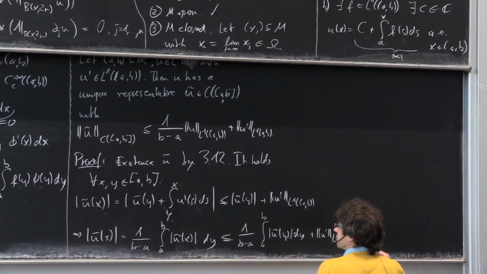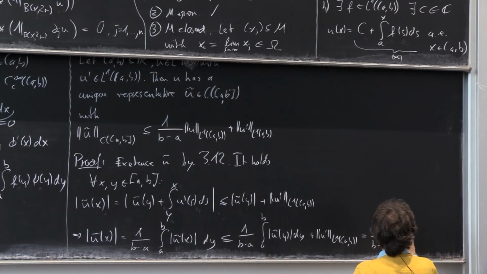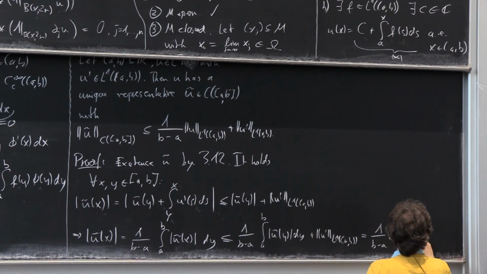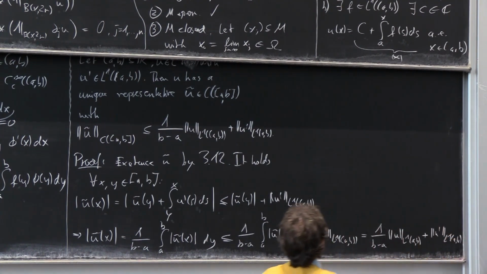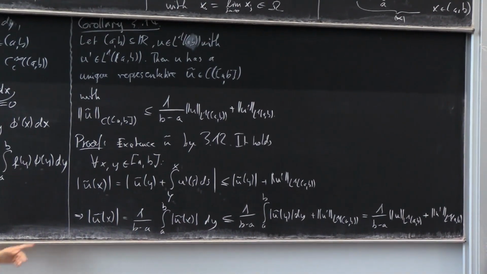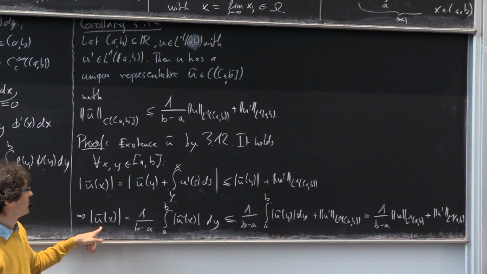So this gives you the claim: 1 over b minus a times the L1 norm of u plus the L1 norm of u prime. Now the right hand side no longer depends on x, so just take the supremum over x and then you have this.